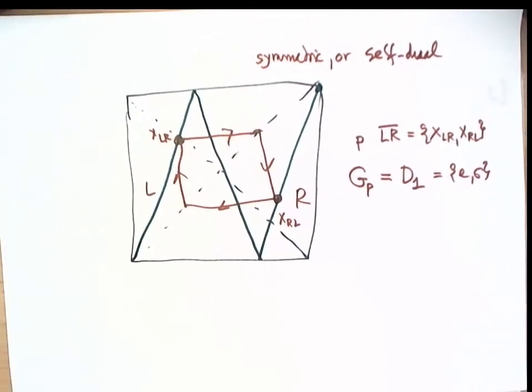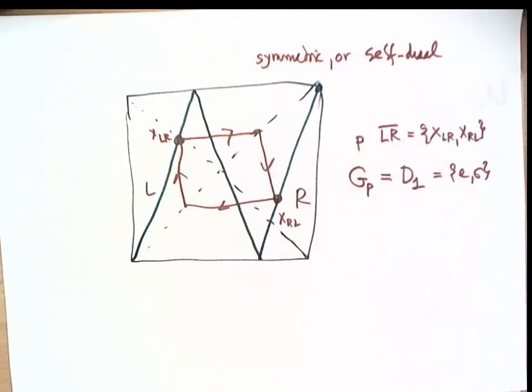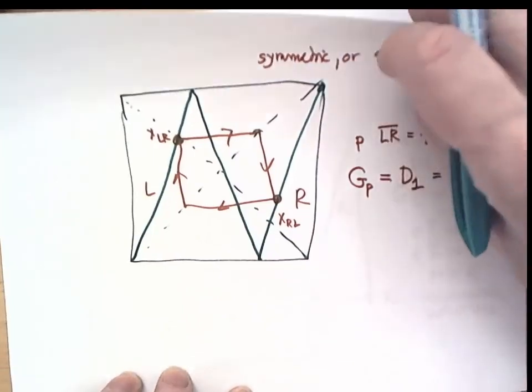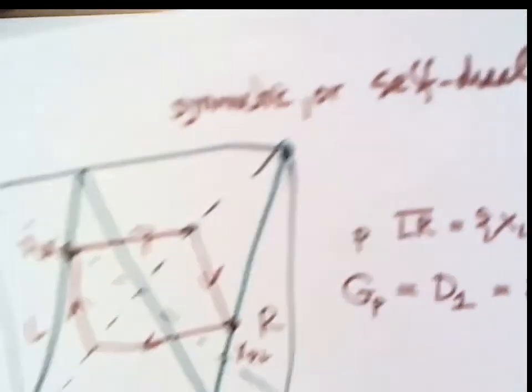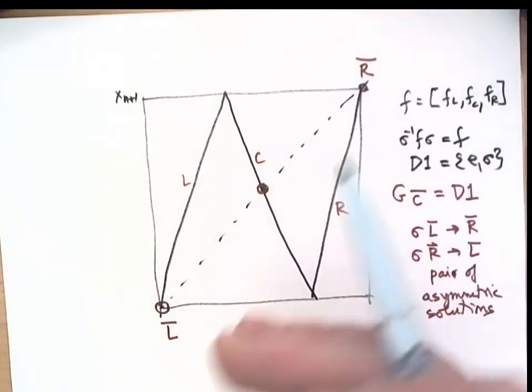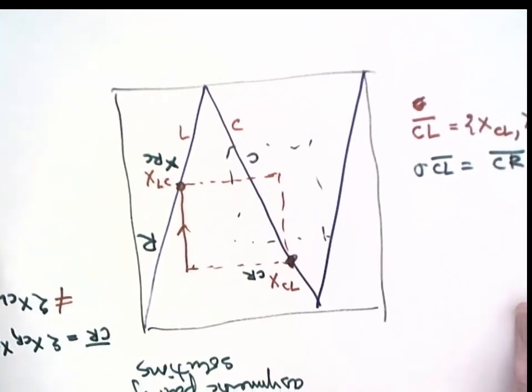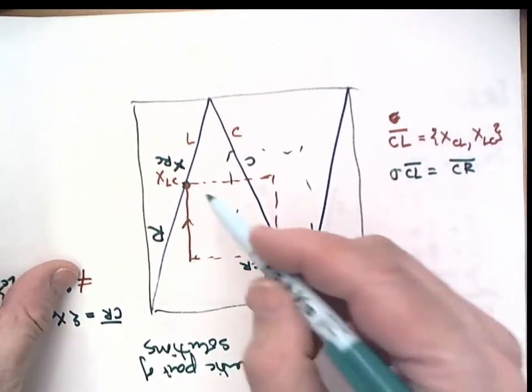Then there is a world of solutions which I call symmetric or self-dual. And what you notice is this self-dual solution has 2 points, but they look equivalent. If I rotate by 180 degrees, they map into each other. That's what dynamics does with them. And then there are pairs of asymmetric solutions, which we already showed in terms of cycles.